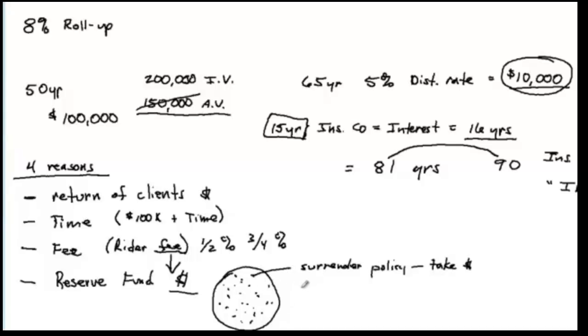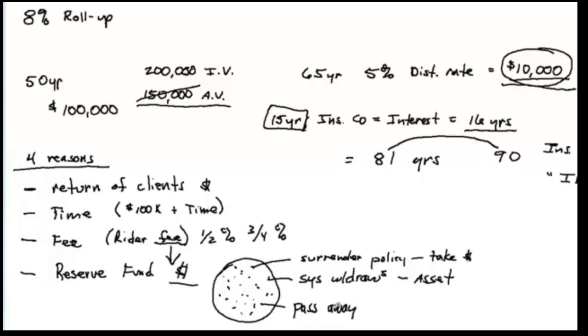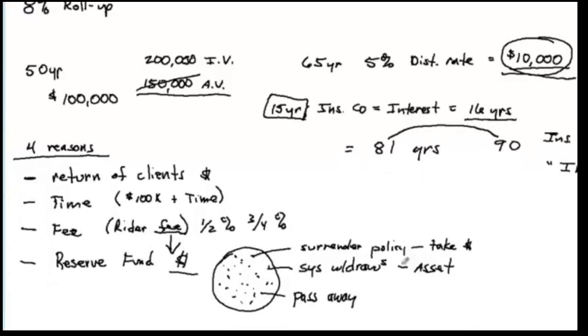Then there's other people that are going to take systematic withdrawals, meaning they're just going to do their own drawdown of their asset versus having the insurance company guarantee them an amount. And then there's some people just going to pass away. The money in effect is going to be moved on to the heirs.